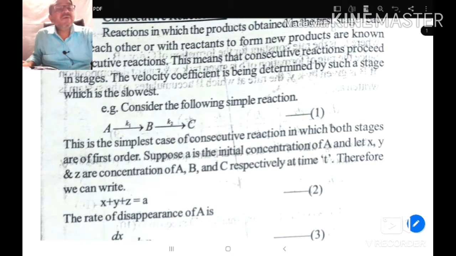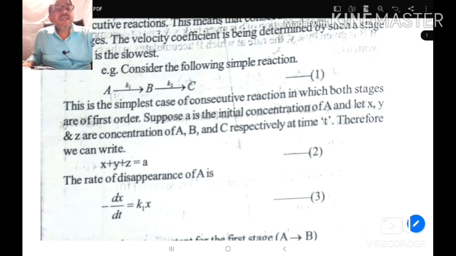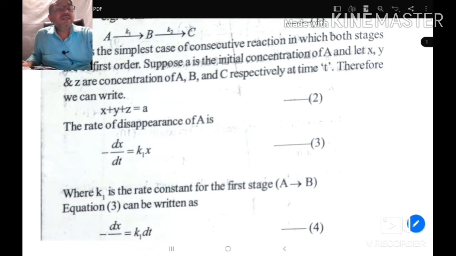The rate of disappearance of A is minus dx by dt is equal to k1x. Label these as equations 1, 2, 3, where k1 is the rate constant for the first stage, A converting into B. So equation 3 can be written as minus dx upon x is equal to k1 dt.